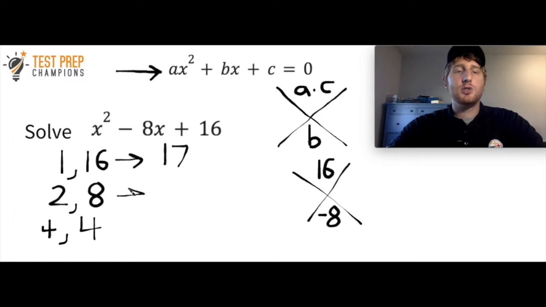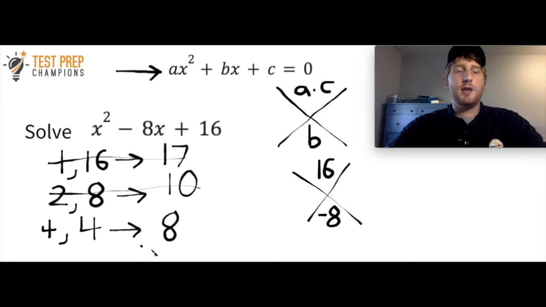What is 2 plus 8? 10. What about 4 plus 4? 4 plus 4 is 8. So we know that we're really close with this pair. We can cancel the other pairs out, because we don't have anything else that gives us 8. So 4 and 4 will give us 8, but we don't just want 8. Remember, we want negative 8.